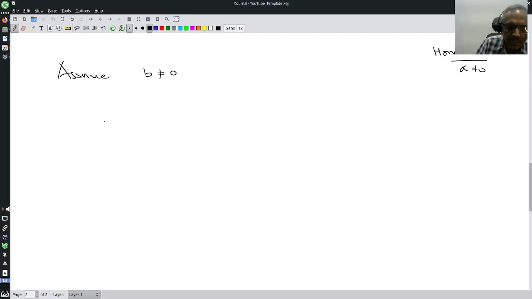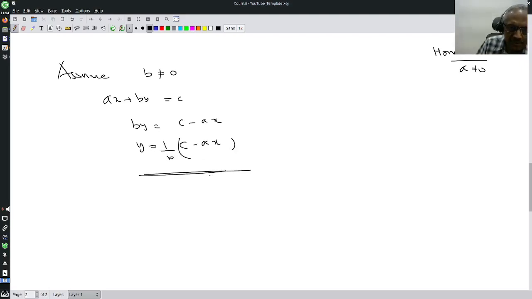Therefore, I have ax plus by equal to c. From high school you know by equal to c minus ax. Since b is not equal to 0, y equal to 1 by b times c minus ax. What is the meaning of this? The meaning is something very easy.